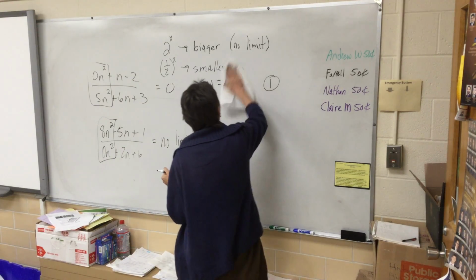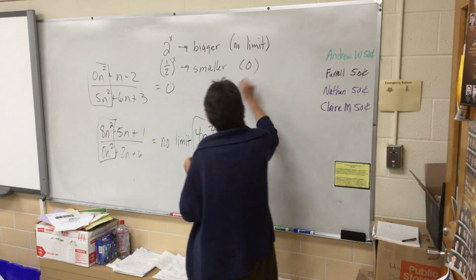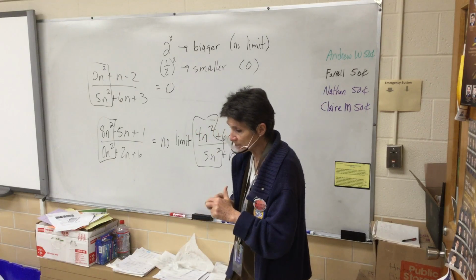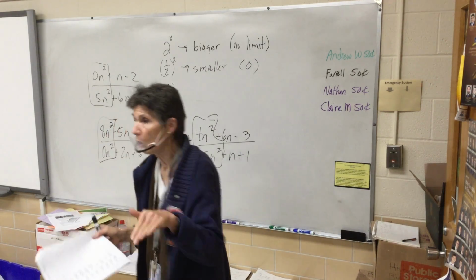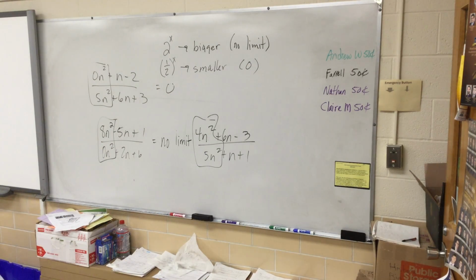The terms are just going to keep getting smaller and smaller, and your limit's going to be 0. So when you have these things raised to powers, the answer will always be either no limit or 0. And it depends on one thing, the size of the number in the parentheses.